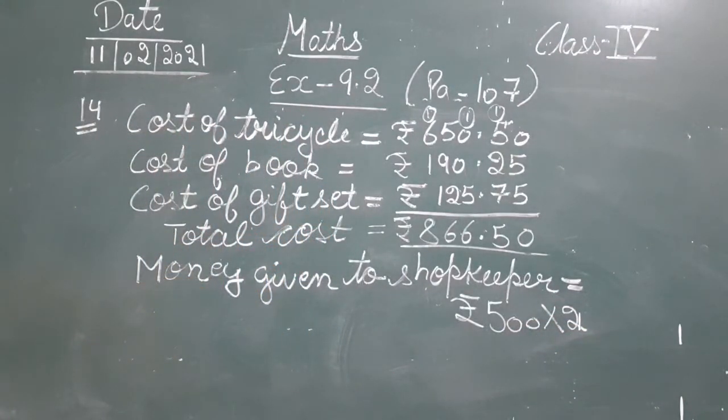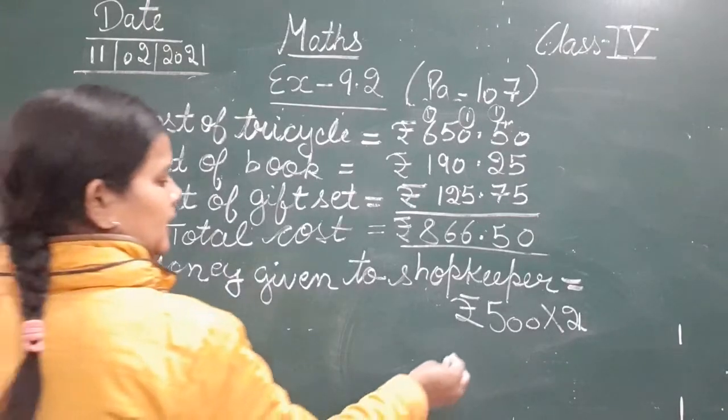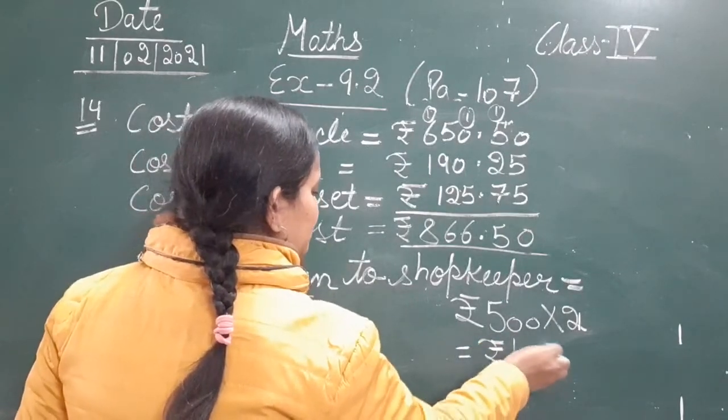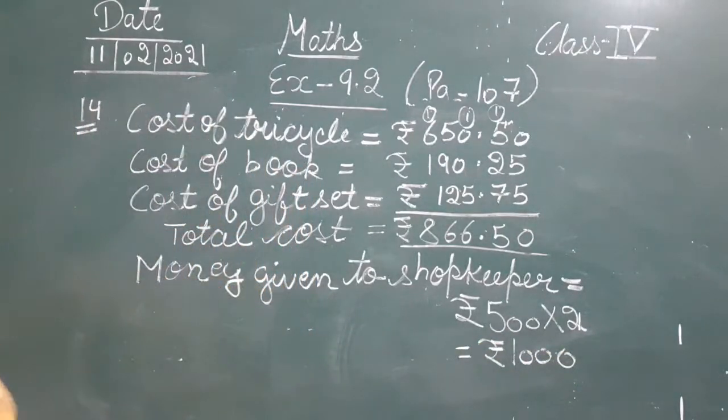That is rupees 1000. So 500 multiplied by 2 is rupees 1000. Clear? Chaliye, now this is the amount.